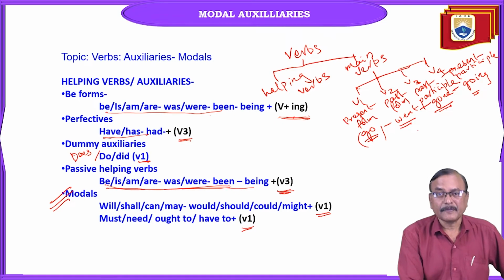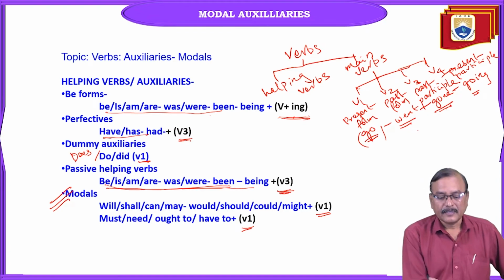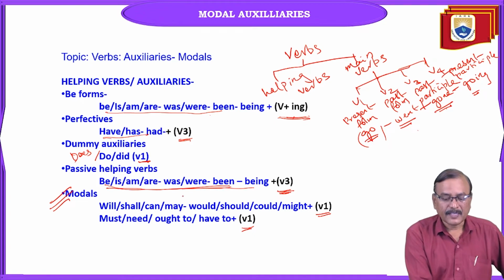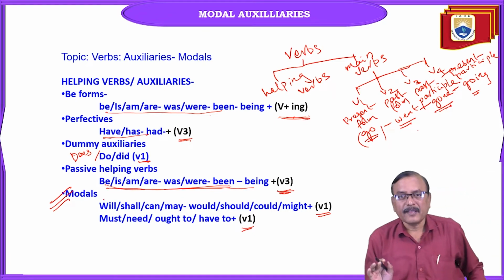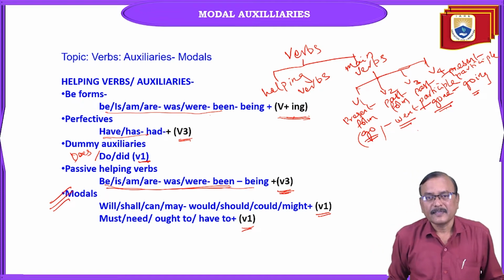But not only in the past tense, in day-to-day conversations, in making a request or giving a suggestion or taking a suggestion, we often use these. That's why most of the day-to-day conversation deals with these modal auxiliaries.